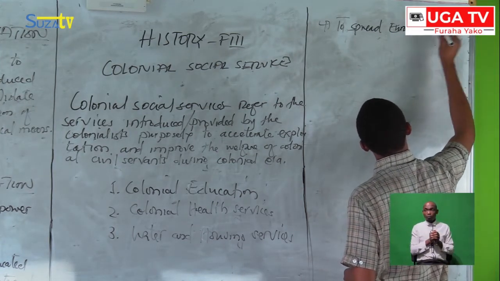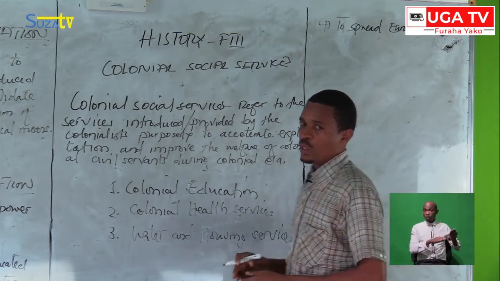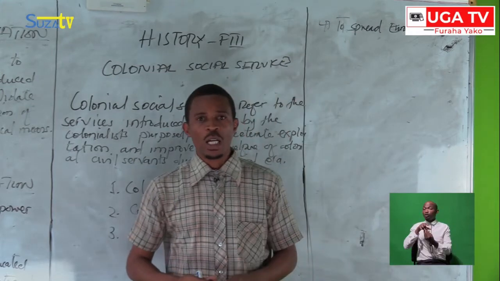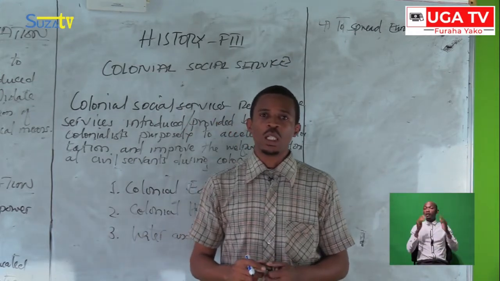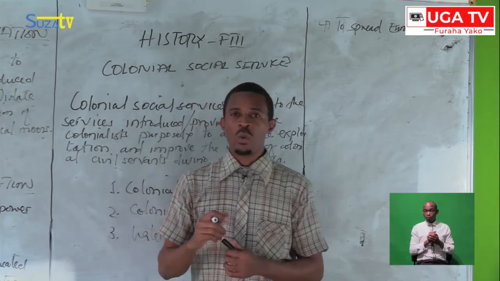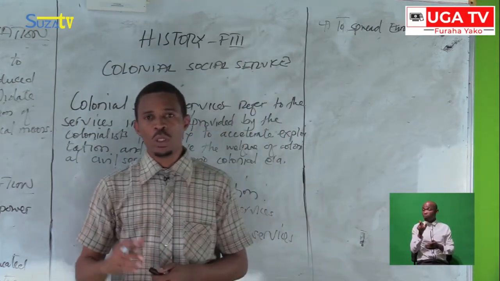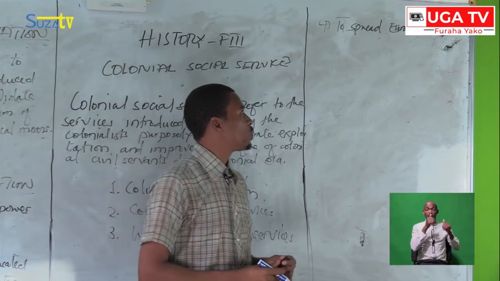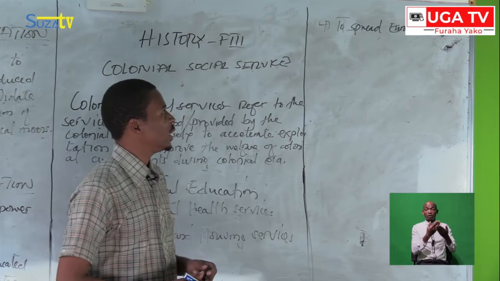As we know, culture can be defined as the total ways of life, and one of the aspects of culture is language. So the whites introduced colonial education in Africa in order to spread European culture.